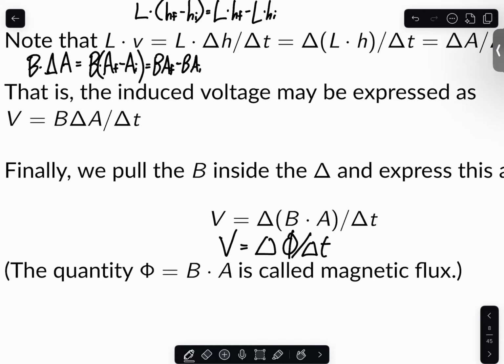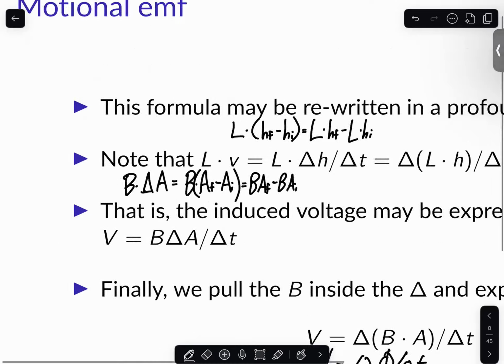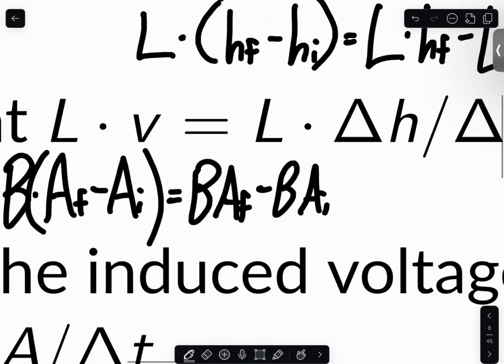Well, I just defined B final area as a quantity, its final value, flux final. B area initial is just what I call initial flux. So I'm just evolving BA into its own variable and saying that variable's final value minus that variable's initial value.